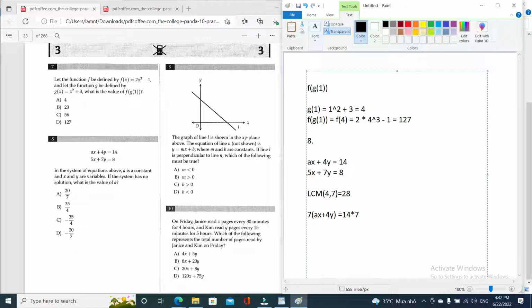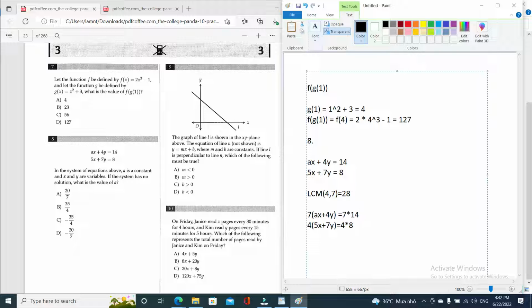And for the other equation, we multiply both sides by 4: 4 times (5x plus 7y) equal to 4 times 8.